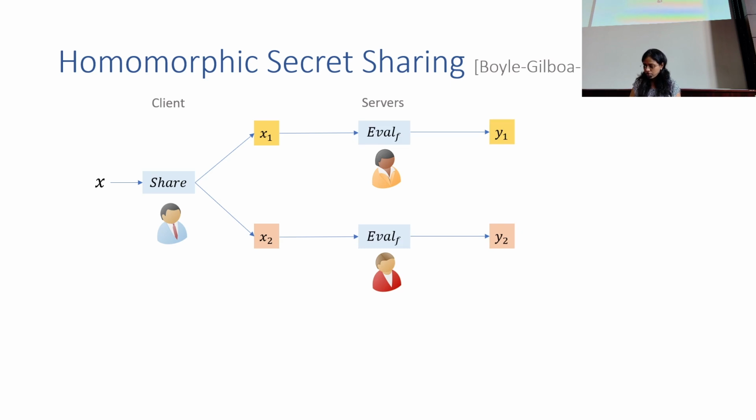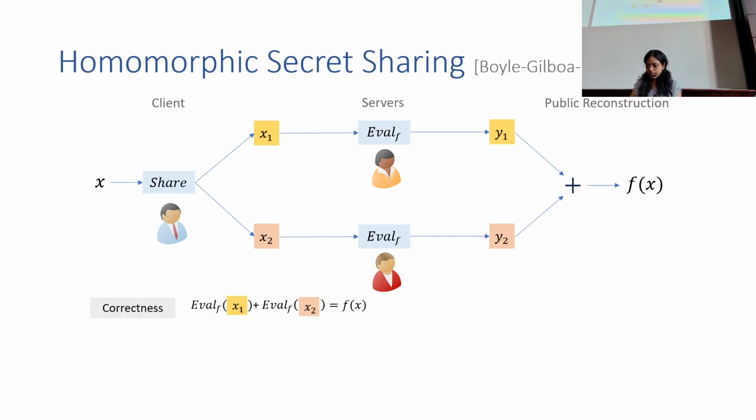And this function f is evaluated using an evaluation algorithm that maps these input shares to their corresponding output shares. And as depicted here, the servers do not communicate with each other during this evaluation process. And once the evaluation phase is over, the final output can be reconstructed by simply adding the output shares computed by the individual servers.